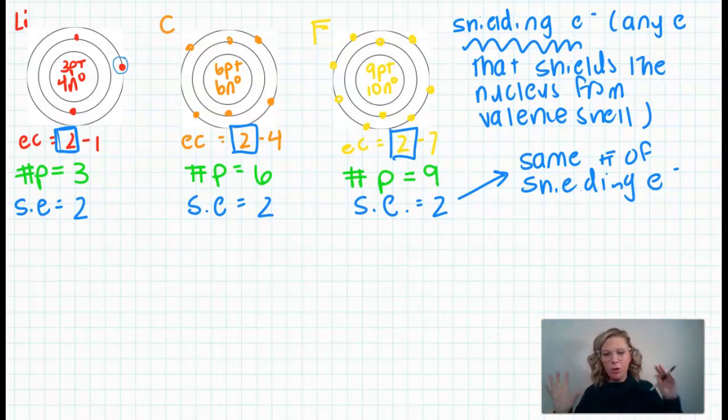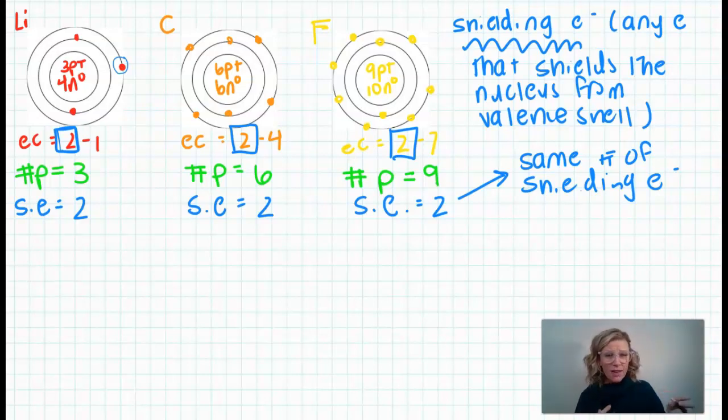Before we dig in a little bit more about the shielding electrons and protons, I want you to think back to that discussion we had with the Thomson lesson where we talked about what happens with charge. Remember, if I have positives and they come near each other, they'll repel. If I have negatives and they come near each other, they repel. Positives and negatives should theoretically attract. So what in general holds our atom together?